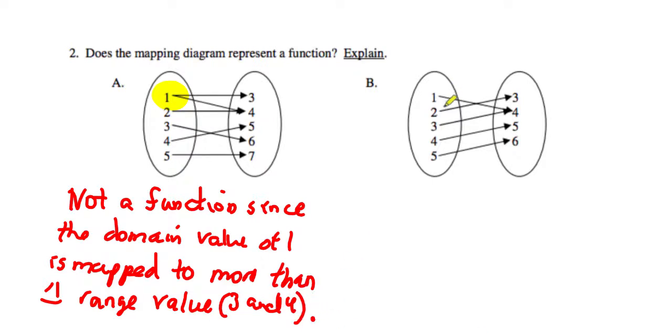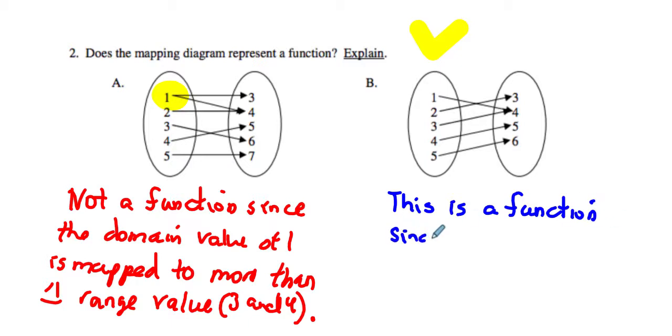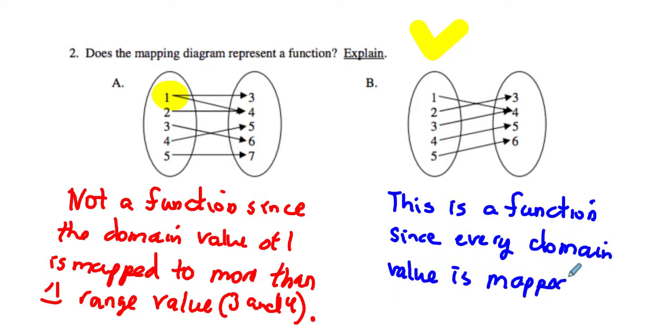And B, on the other hand, all the domain values go to exactly one range value, so yes, it is a function. Explanation: this is a function since every domain value is mapped onto exactly one range value.